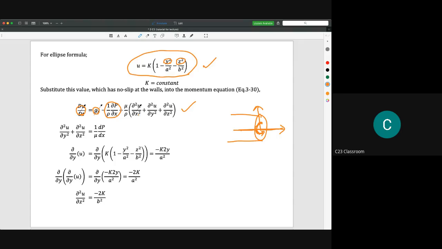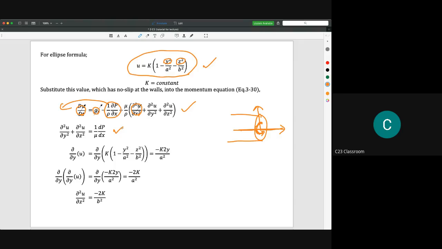We don't have any du dx because it is steady, and now we have the du dy over dy, du dz. Then we could simplify this one and bring this term to the left hand side.